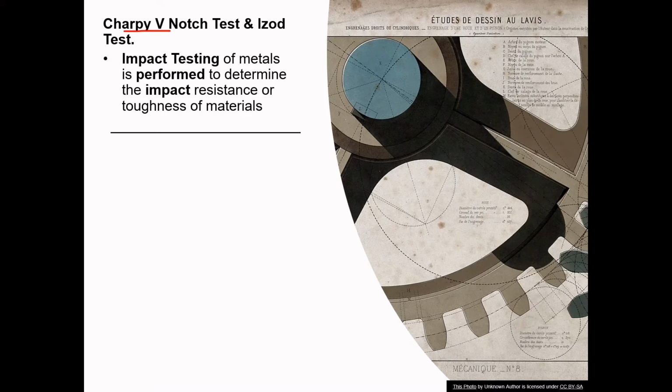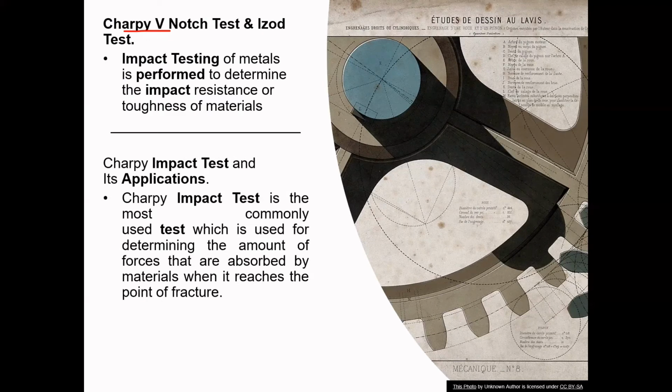As I have mentioned before, impact testing of metals is performed to determine the impact resistance or toughness of materials by calculating the amount of energy absorbed during fracture. The impact test is performed at various temperatures to uncover any effect on impact energy.